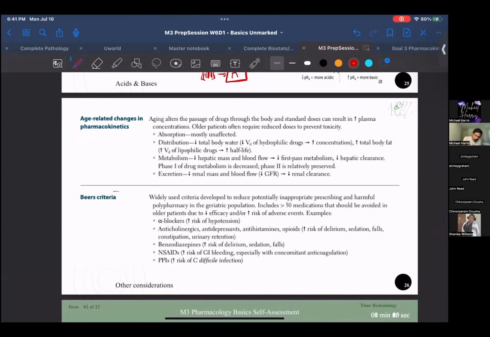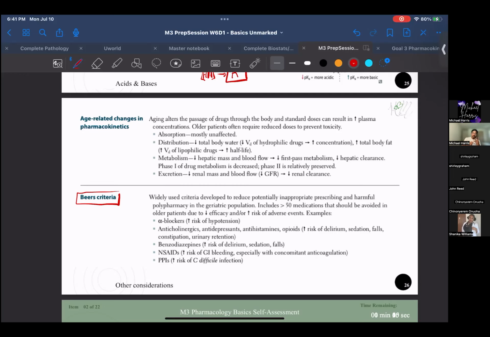Now, Beers criteria is also something that's very important to know. Essentially, what you're looking at with Beers criteria is you're trying to minimize drugs that cause hypotension, falls, bleeding, and C. diff.